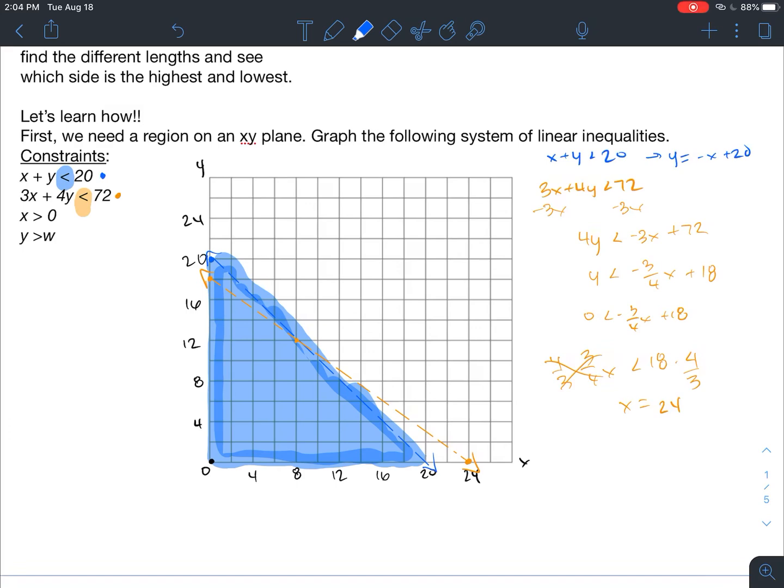Alright, now let's go to our orange line. And it is also less than, so we shade below this line right here.